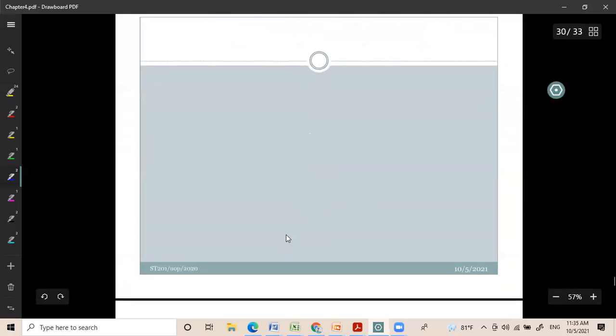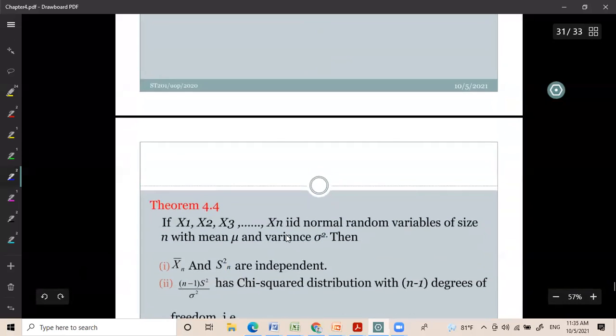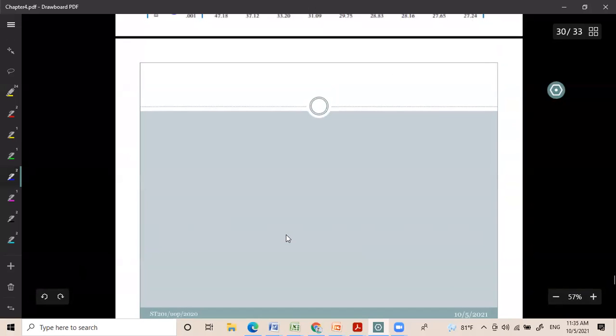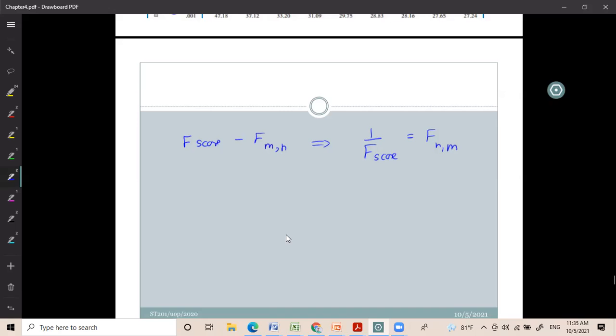And there are a few more properties of the F distribution. If you have the F score for F of m, n for a certain probability, then if you take the reciprocal of that F score, that will be F of n, m. That means you swap the numerator degrees of freedom and the denominator degrees of freedom.